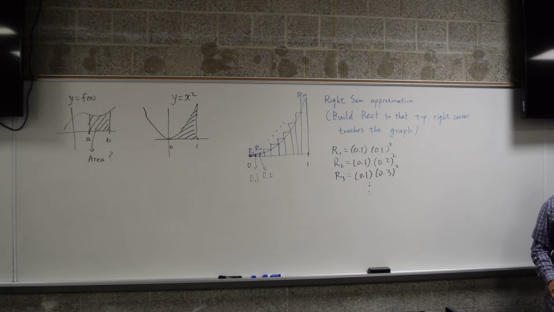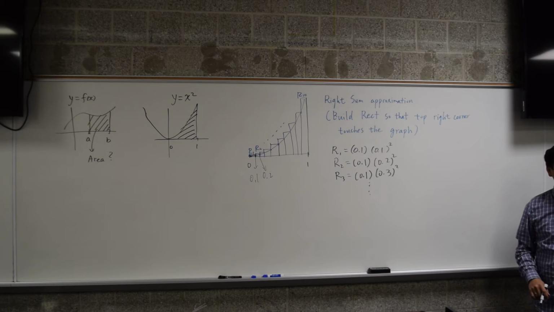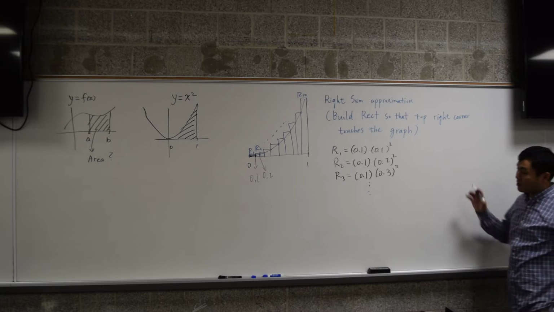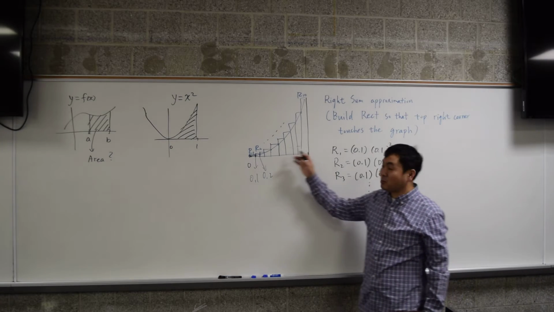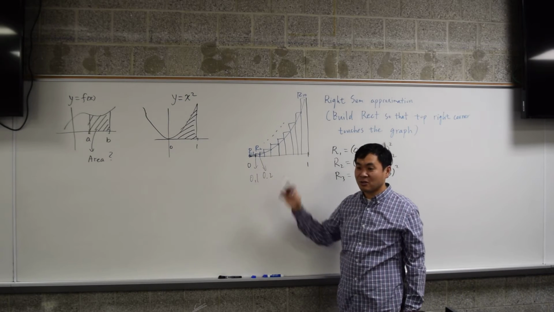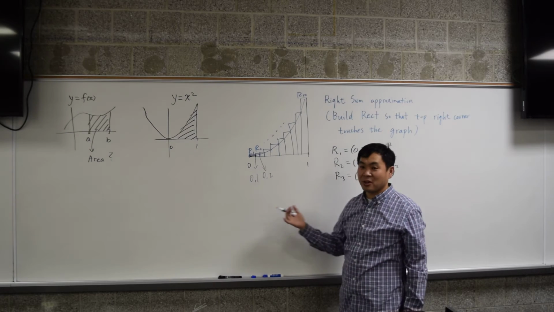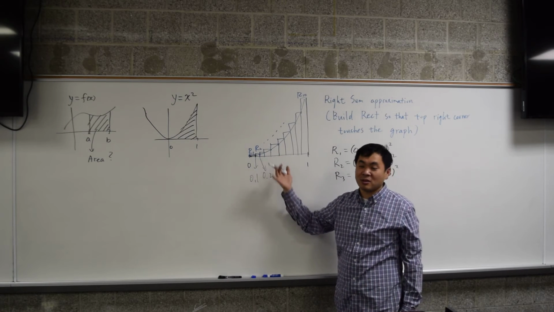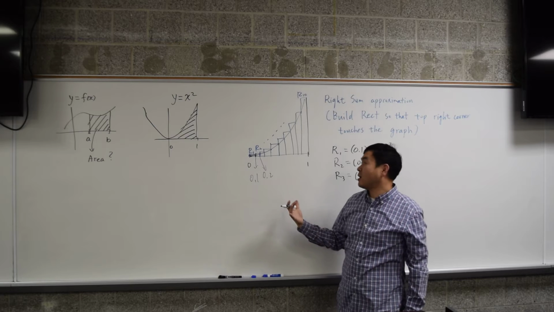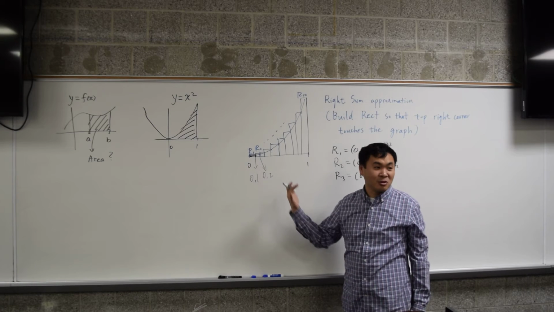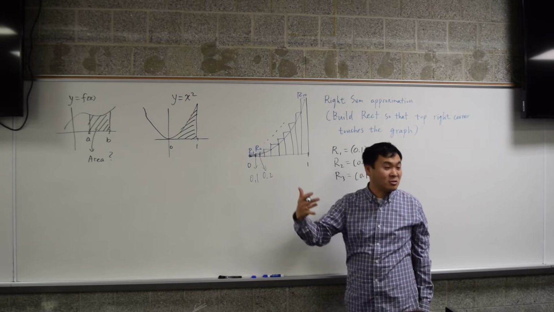Yes? Why couldn't we just do like 5 rectangles and then split it up that way? Oh, yeah. That's a good point. I split this up into 10 rectangles, and it seems like a lot to calculate. The question is, why can't we just use 5? That's just something that you decide, or the question would decide for you.